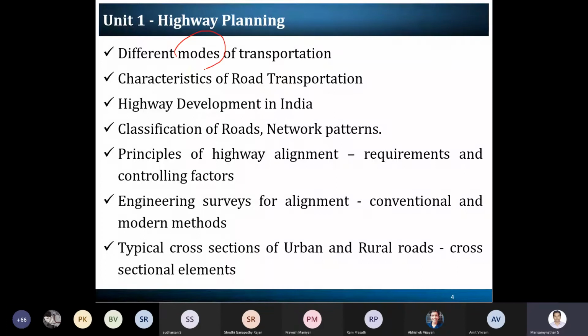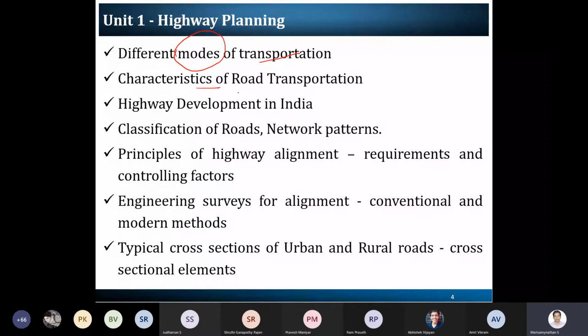What are the advantages and disadvantages, that we are going to cover with respect to the fundamentals of transportation, and how the growth happened in the transportation system. That we are going to see as the first component.